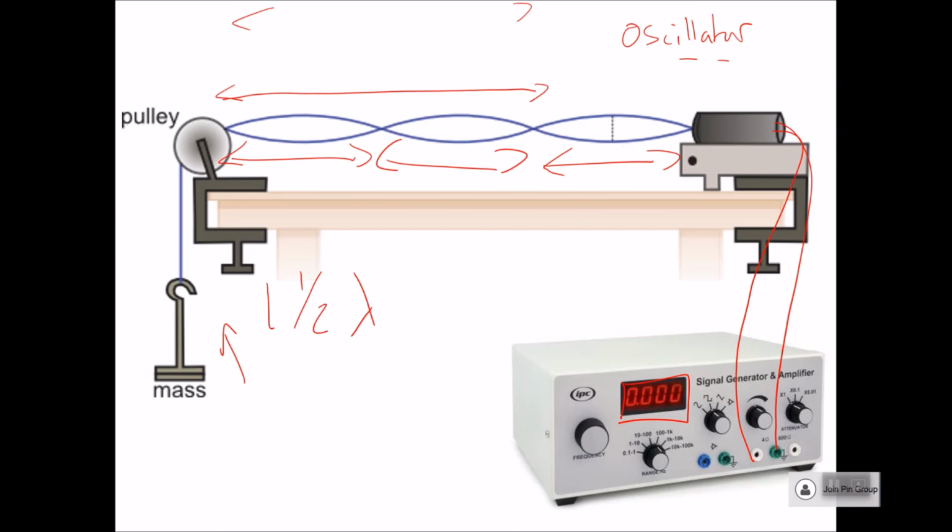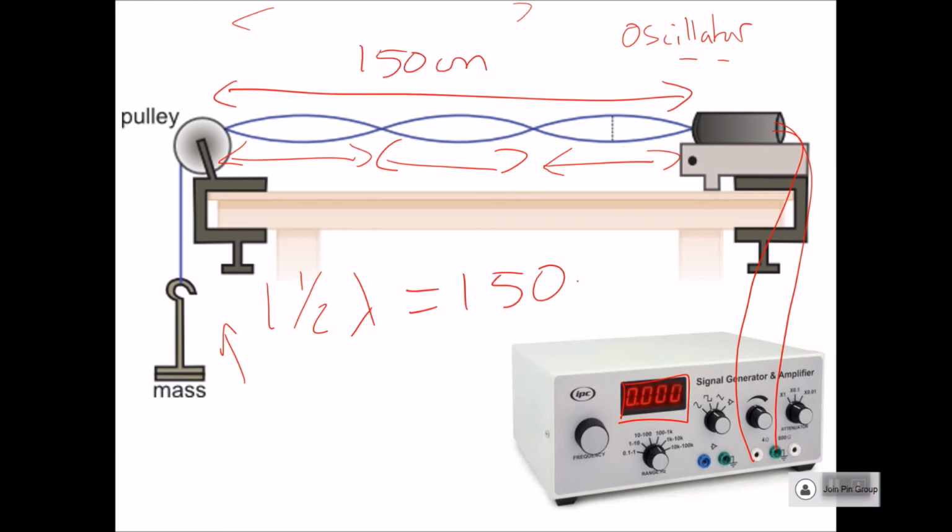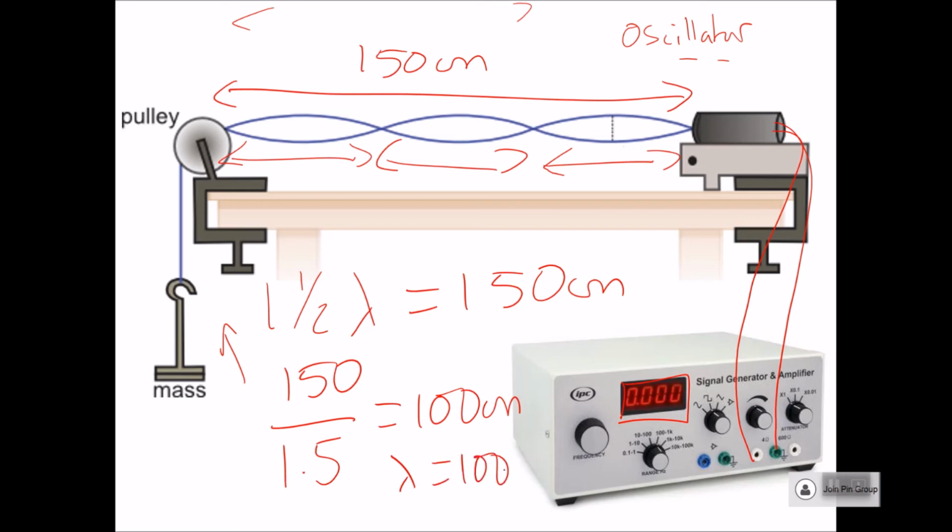Now if I said that the distance from the oscillator to the pulley was 150 centimeters, and you want to work out what the wavelength is, you'd say 1.5 waves is 150 centimeters. 150 divided by 1.5 gives you 100 centimeters. The wavelength is 100 centimeters, or a meter.